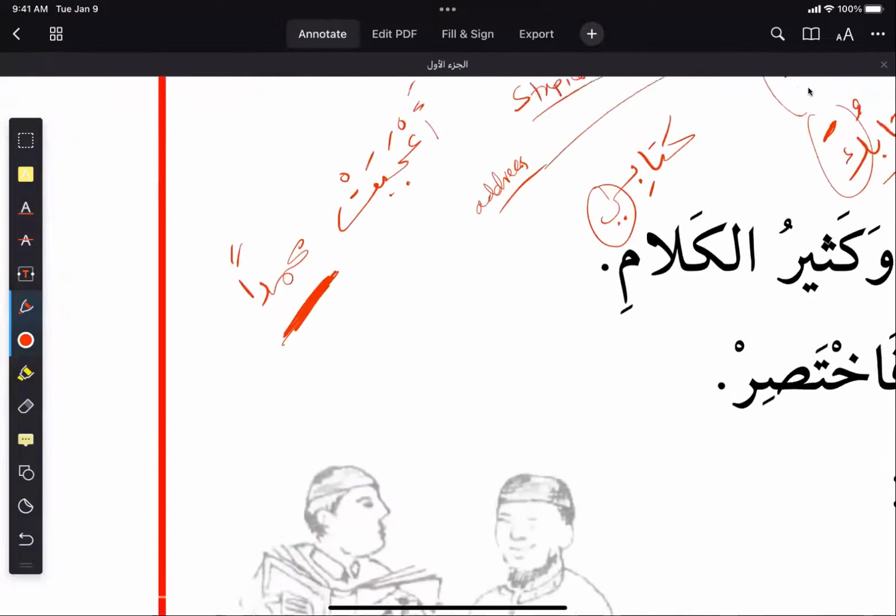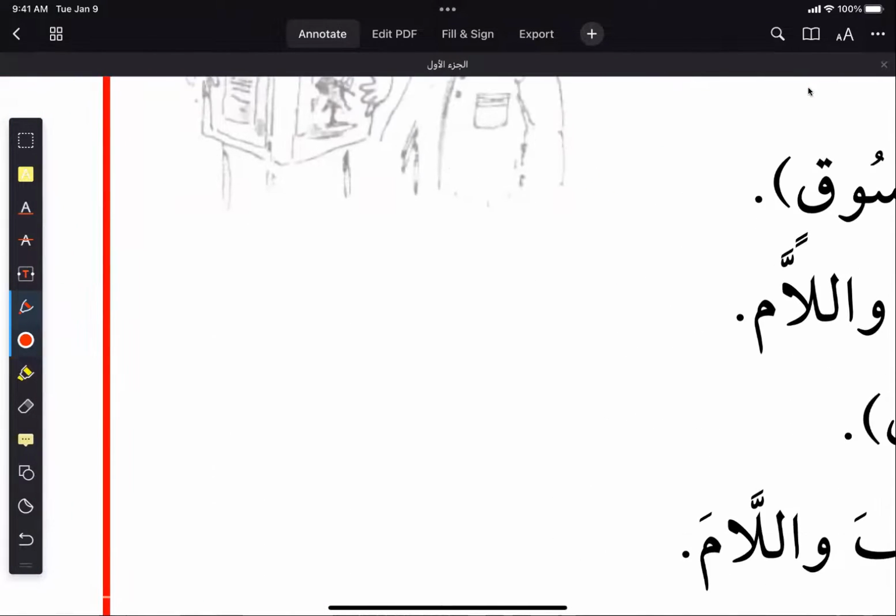Just to give you a simple example, if you say Muhammadun saghirun, what does Muhammadun saghirun mean? Muhammad is small, whatever that means. But if you add kana, a few grammatical notations will change. I'm not going to talk about this right now.